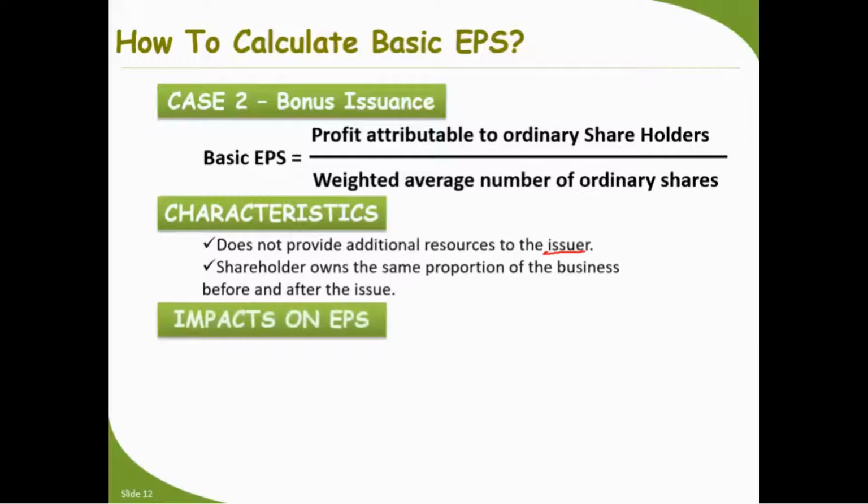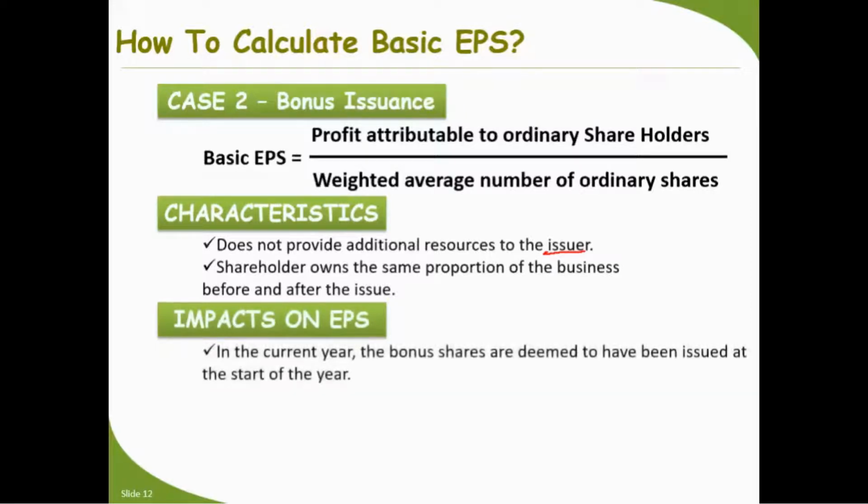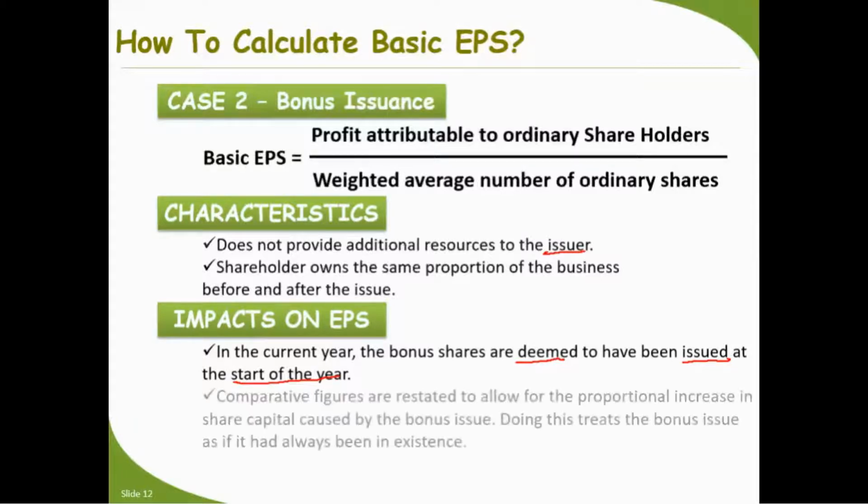Impacts on EPS. What will be the impacts? In the current year, bonus shares are deemed to have been issued at the start of the year. So there is an assumption: irrespective of at which date you have issued, you will assume that these are issued at the start of the year. Comparative figures are restated. Preceding period figures are restated to allow for the potential increase in share capital caused by the bonus issue.